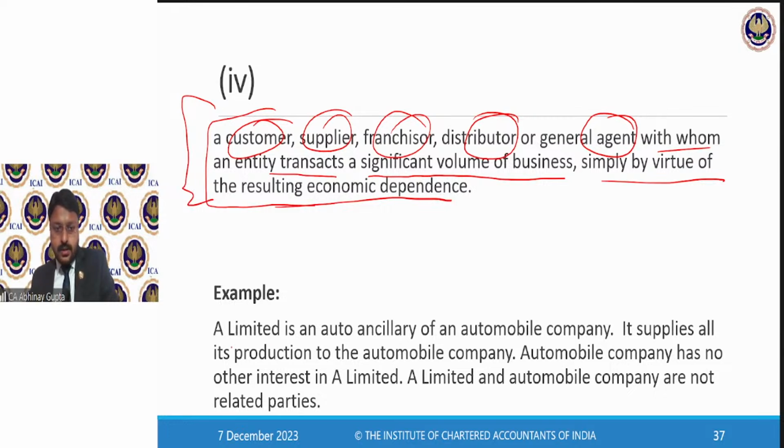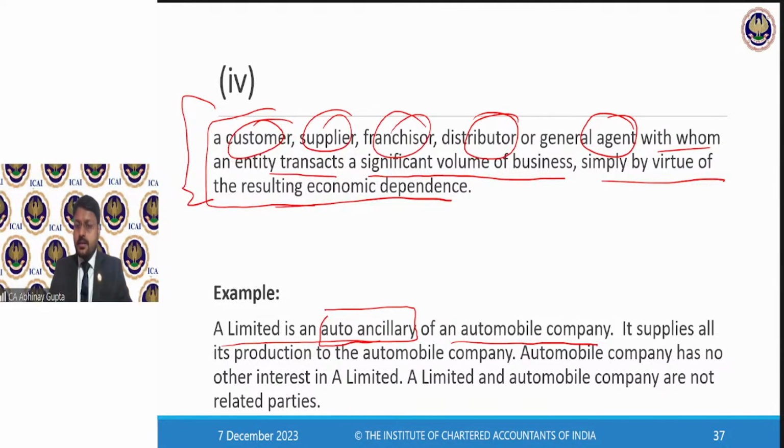Let's do an example quick. A Limited is an auto ancillary of an automobile company. So this is an auto ancillary. Auto ancillary is what? It provides certain key parts to the automobile company, so that the automobile company can complete their product. For example, Maruti might be procuring lots of auto ancillary parts from various companies.